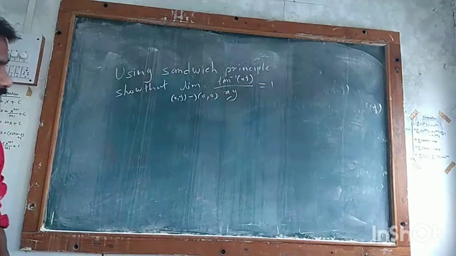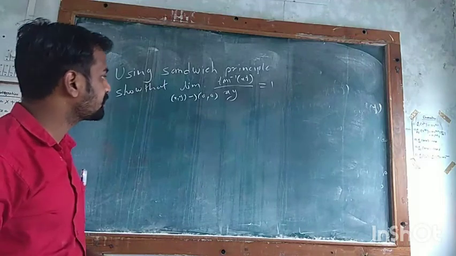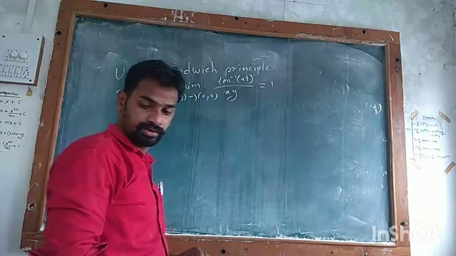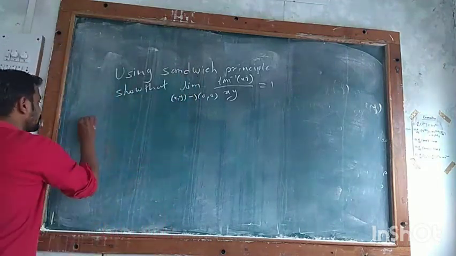Using the sandwich theorem, show that tan inverse of xy upon xy tends to 1.